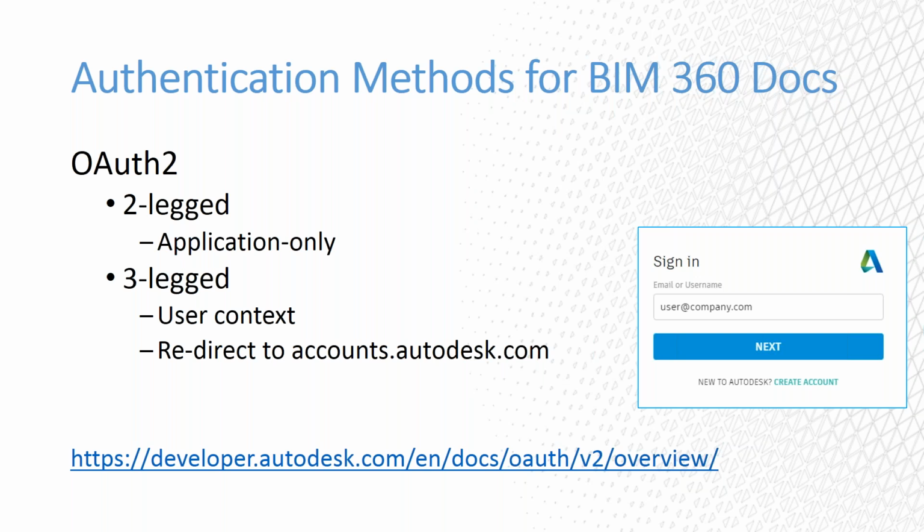Tomorrow, Augusto is expected to talk about data management and authentication in more detail, but I'll quickly emphasize the difference between BIM 360, A360 and Fusion. BIM 360 Docs is using OAuth2, which is the same for other hubs.